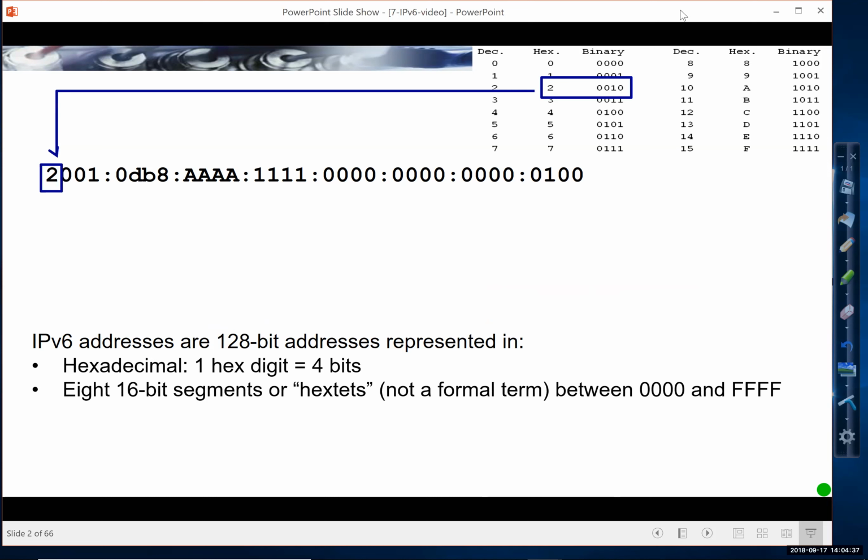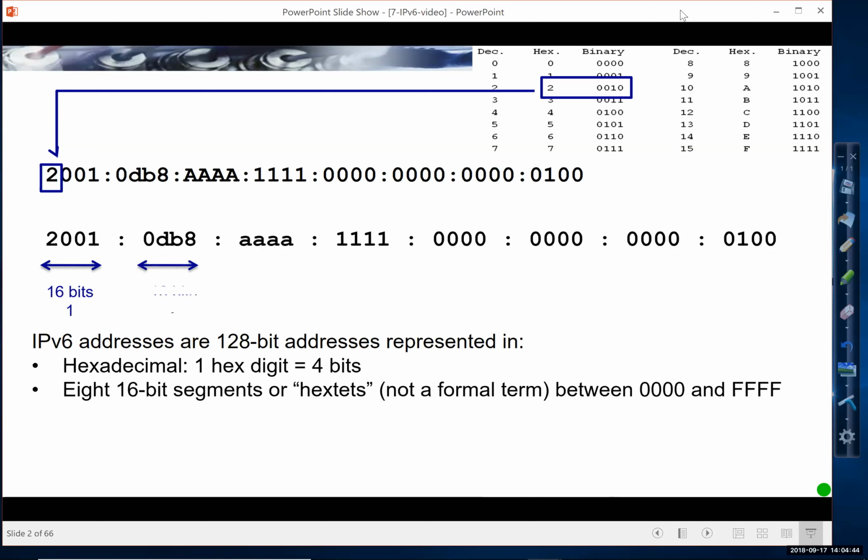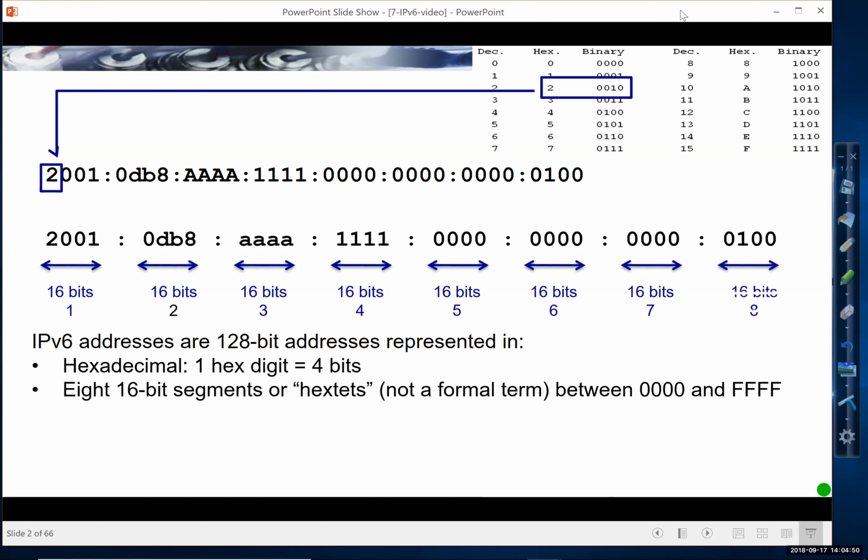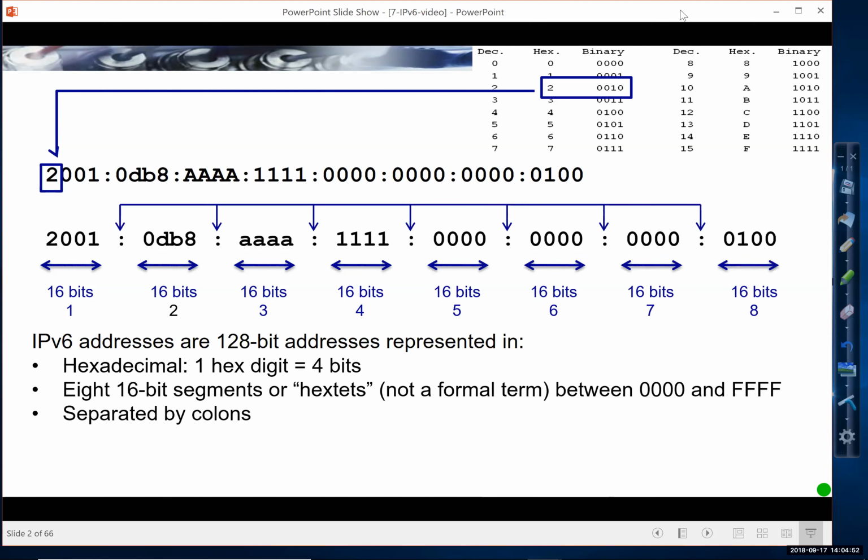Remember, hexadecimal uses both 0 through 9 and A through F. Each of these segments is 16 bits, and we separate them with colons. This will make reading and subnetting IPv6 much easier than IPv4.